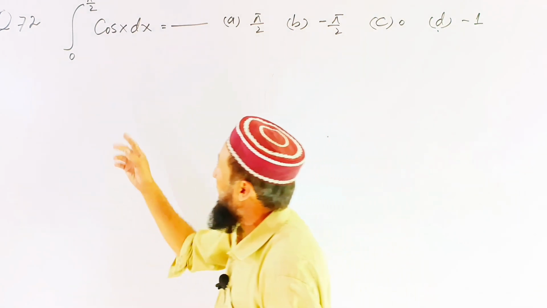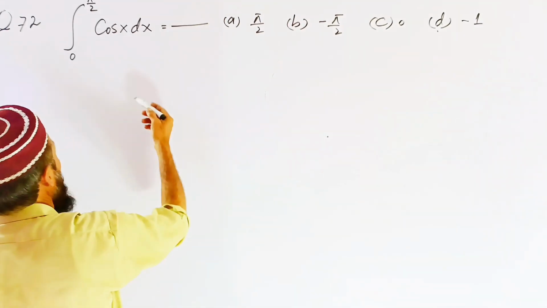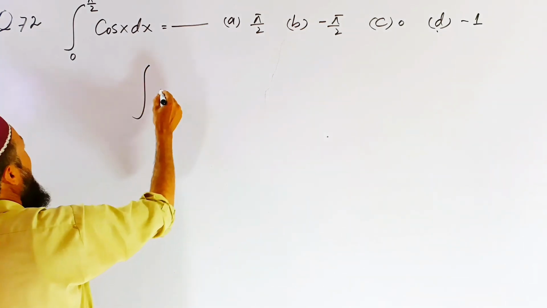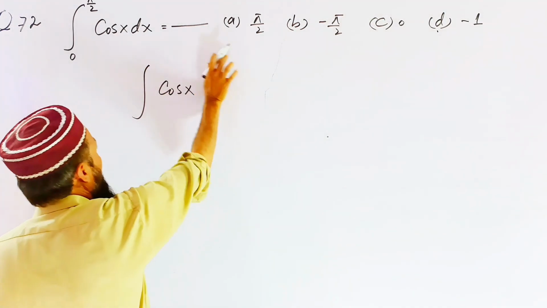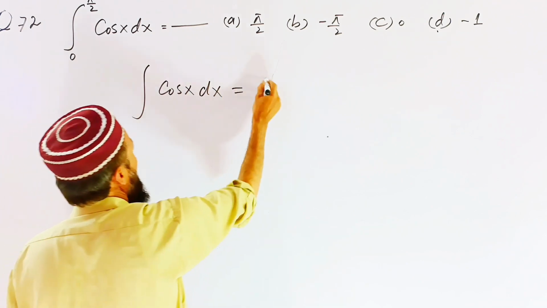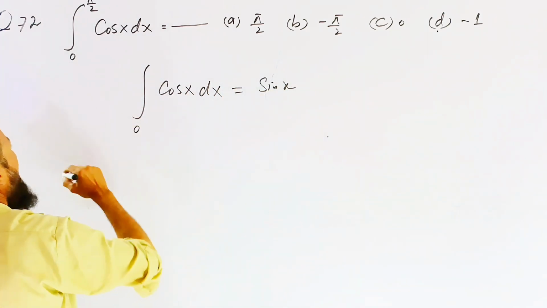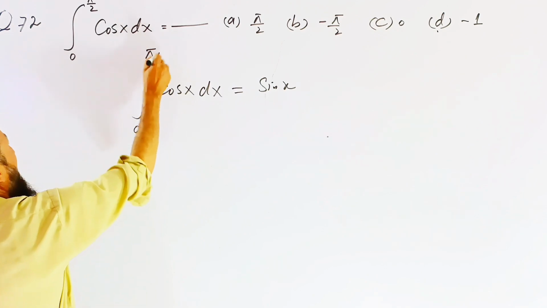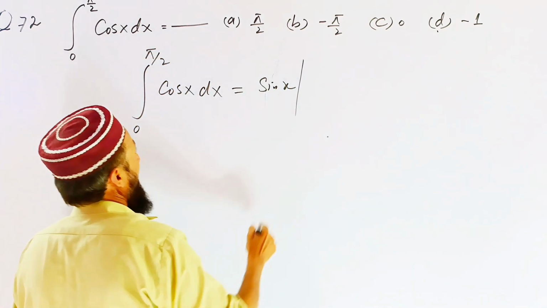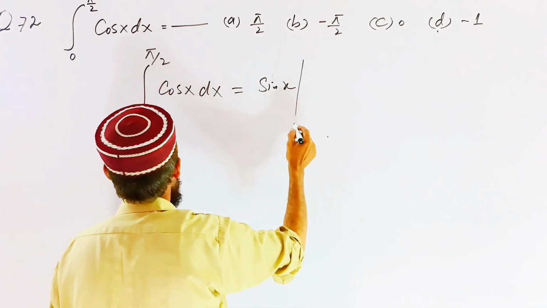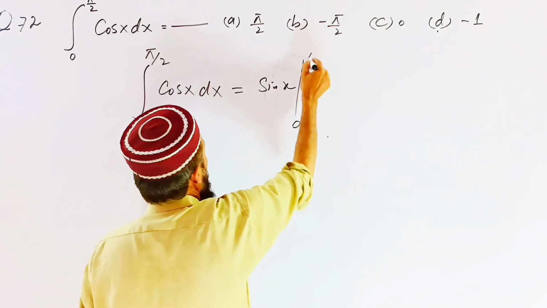The simple integration of cos x is sin x plus c. But here we put lower and upper limits, so the constant c is finished.